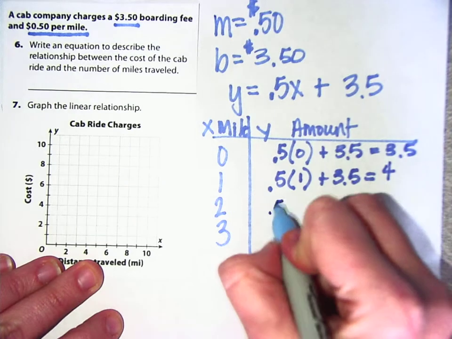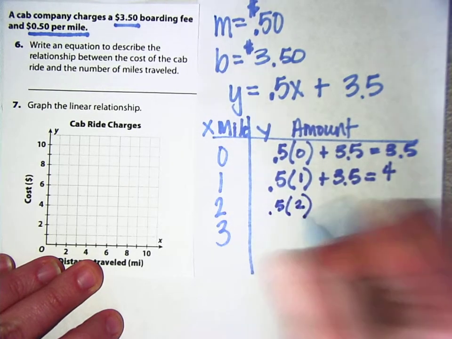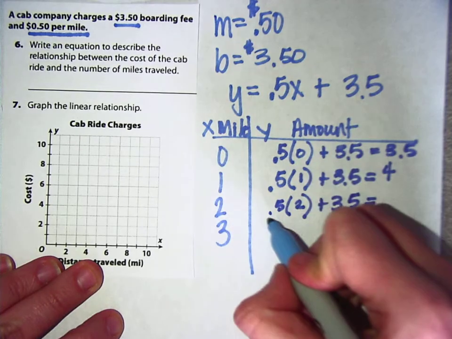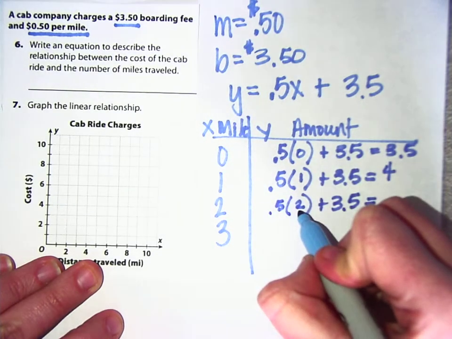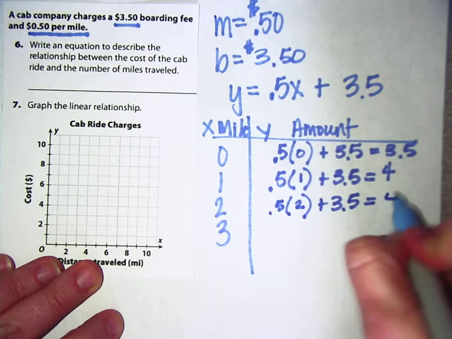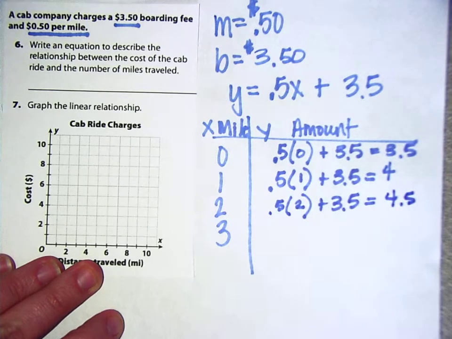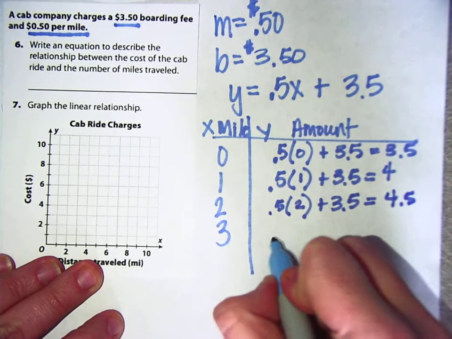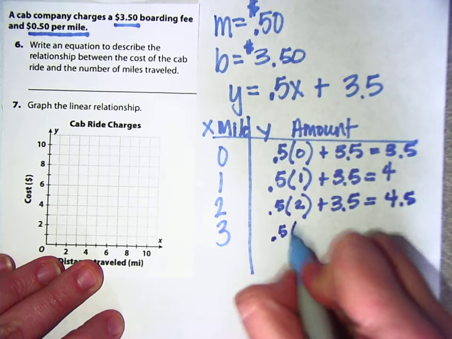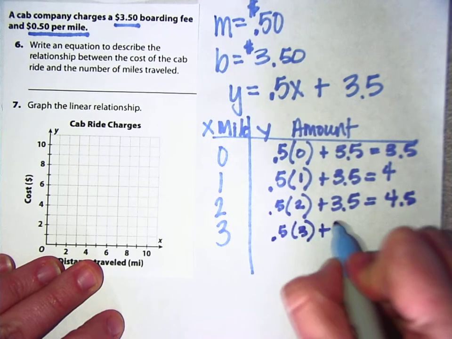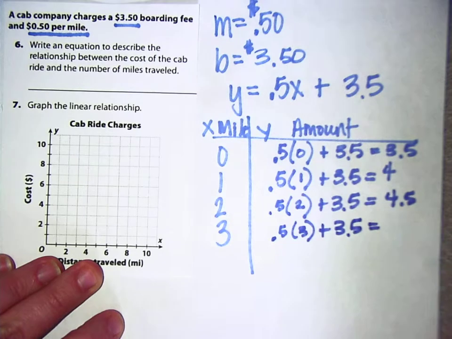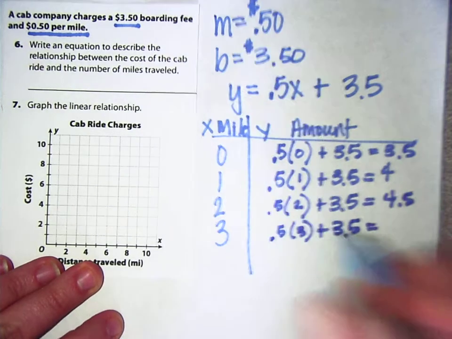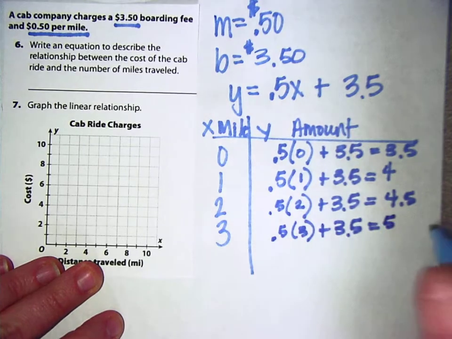Now we're going to do the same equation, but we're going to sub 2 for our x, plus 3.5. And 0.5 times 2 is 1, plus 3.5 is 4.5. And then we're going to substitute x for 3, so 0.5 times 3 plus 3.5. 0.5 times 3 is 1.5 plus 3.5, and that equals 5.